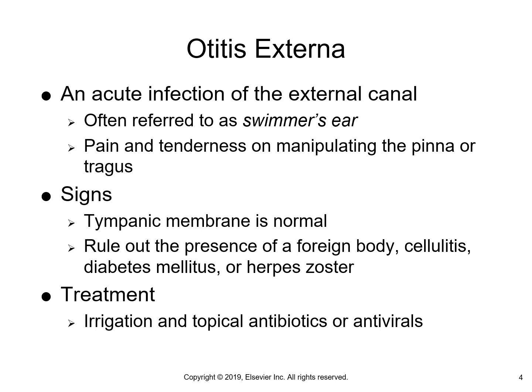Before the child is actually diagnosed with otitis externa, the first thing that we need to do is to rule out anything else that can cause the pain and tenderness of the external ear, like the presence of a foreign body, cellulitis, diabetes mellitus, or even herpes zoster.